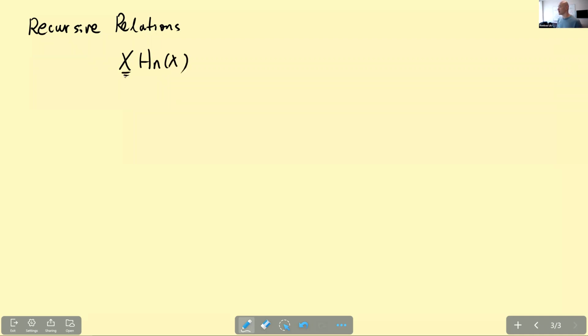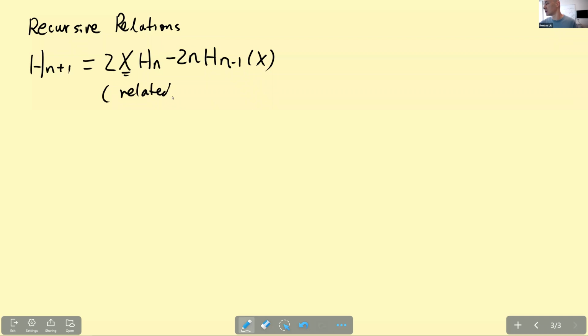This is related to the application of the position operator. So this is something important, related to the operator of this one acting on the wave function, right?